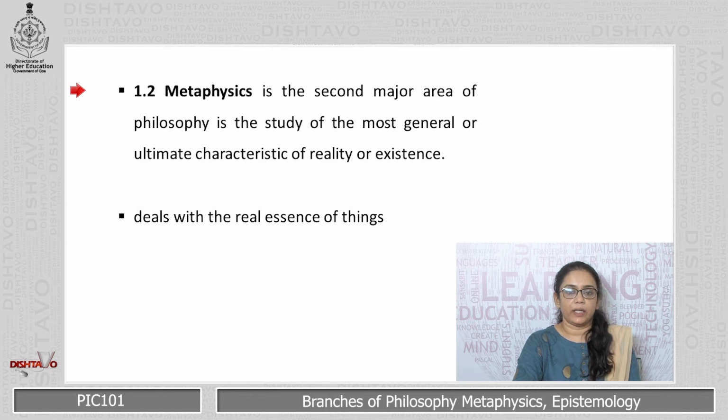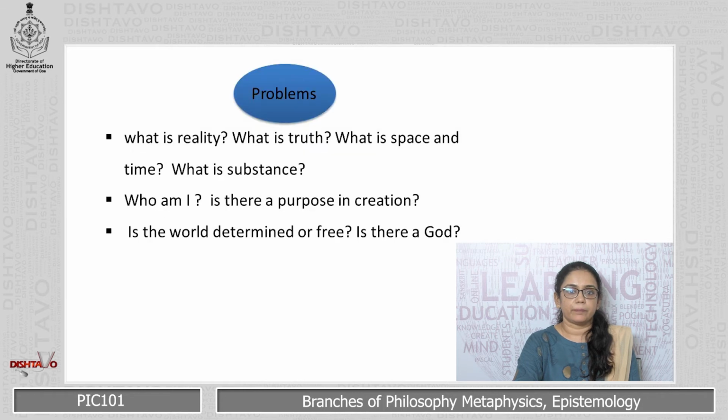What are the characteristics of things? Some of the problems raised by metaphysics are as follows: what is reality? What is truth? How are reality and truth connected? What is space and time? What is substance? Another important question that metaphysics raises: who am I?